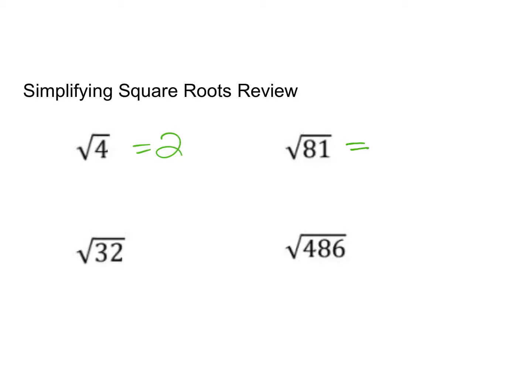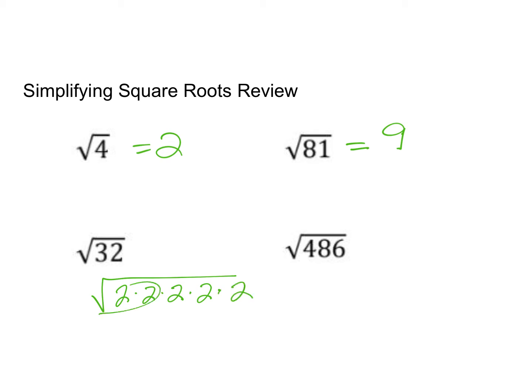Square root of 81 is 9. Now, obviously 32 is not a perfect square, so we do have to do our prime factors. So I'm going to take a chance here, 2 times 2 times 2. So 2 times 2 is 4, times 2 is 8, times 2 is 16, times 2 is 32.